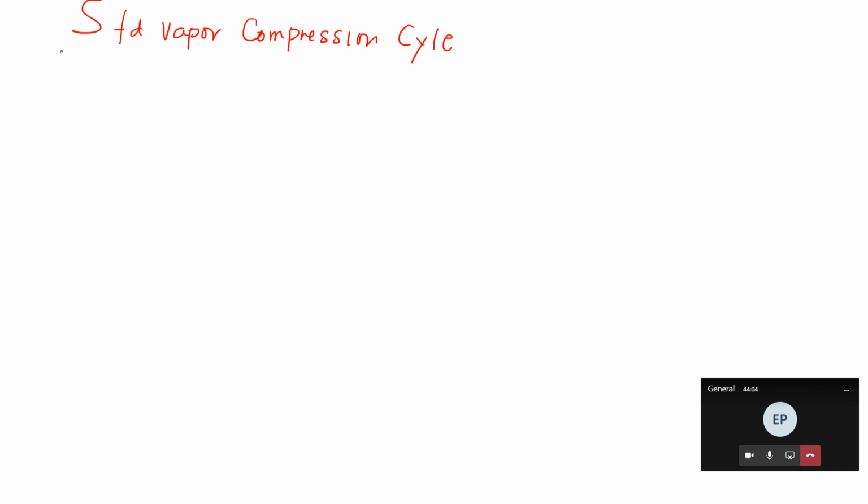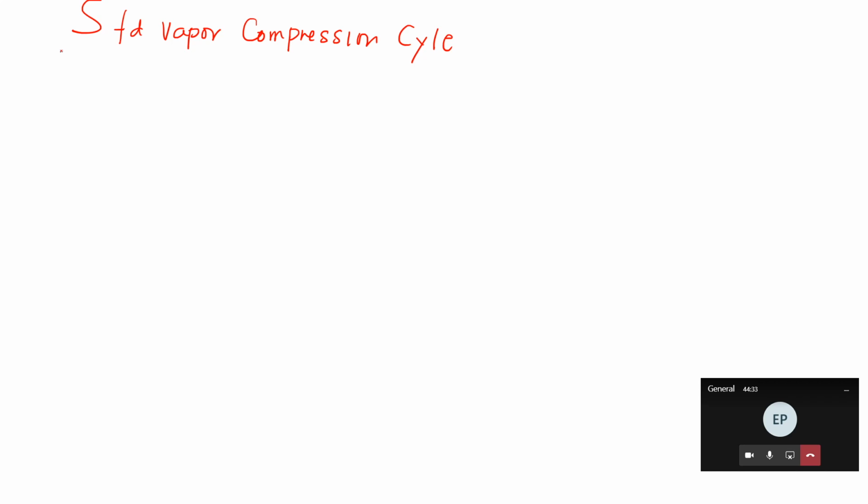Now, to simplify this vapor compression cycle for the understanding of everyone, not only engineering students, I want to talk about it in a very general manner, considering the audience as everyone, even those who are not studying engineering.